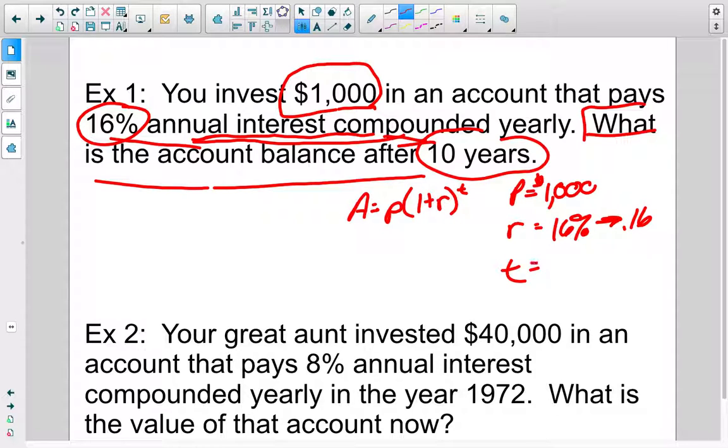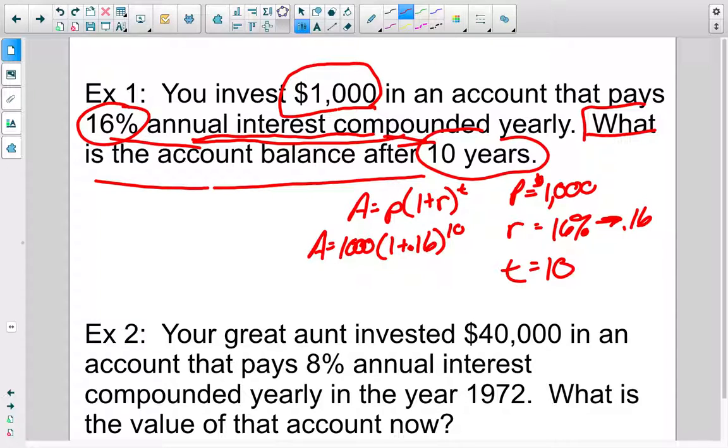How long is this invested for? 10 years. 10 times it will compound or earn that 16% interest. So our amount after 10 years is going to equal 1,000 times 1 plus 0.16 to the power of 10. You can punch that all into your calculator all at one time.